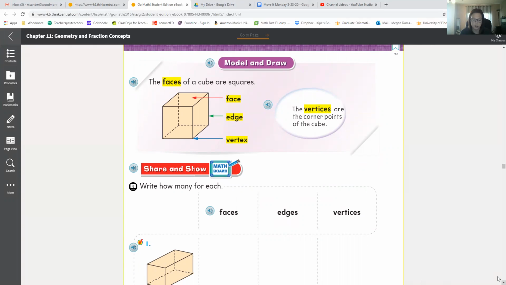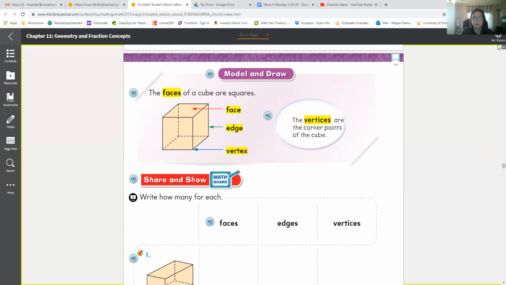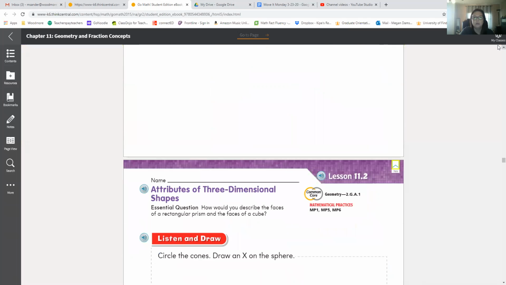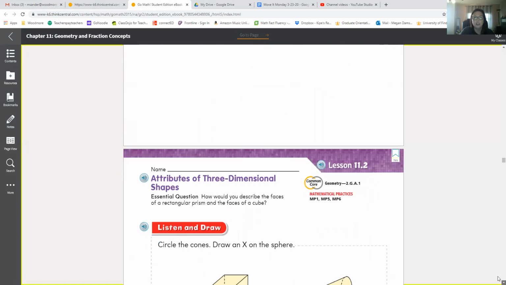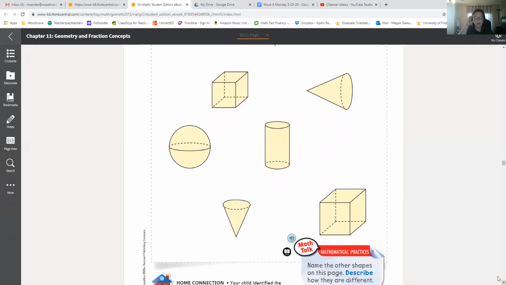All right, so if you were going to describe this shape to your parent on your Teach Me That Tuesday, it says, I am a 3D shape. I have 0 vertices, 0 edges, and 0 sides. So I probably should have stayed on this page up here. Do you see any shapes that have 0 vertices, 0 edges, and 0 sides?